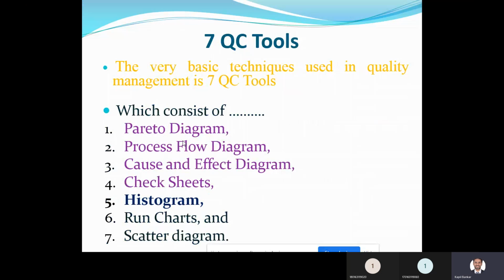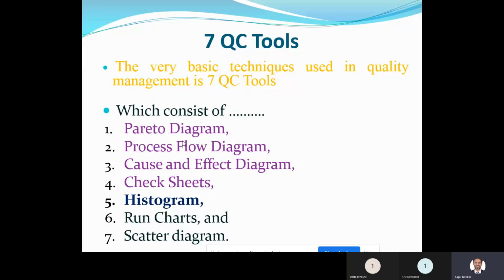Then we had discussed process flow diagram. Process flow diagrams are generally utilized to show your current process in your industry or in any business. You can utilize that particular diagram to train new employees also. Then we had discussed the cause and effect diagram.